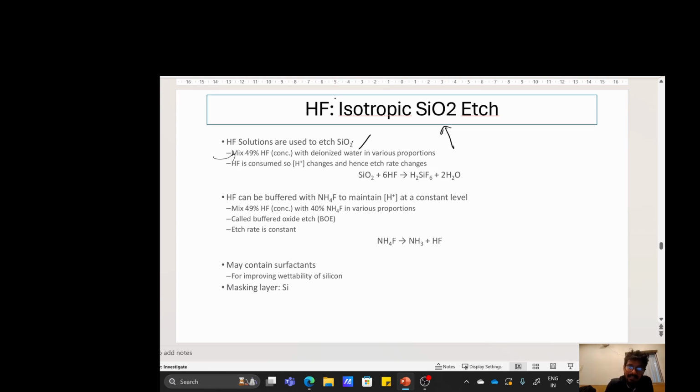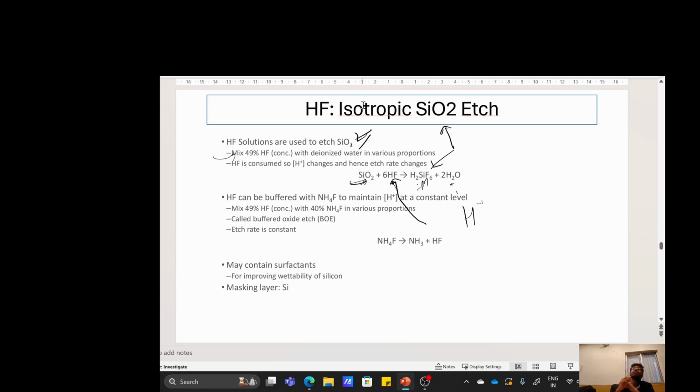How does HF etch? SiO2 reacts with HF and is converted into H2SiF6. This H2SiF6 dissolves in water, and that is how it gets removed. During the SiO2 etching, the HF is consumed, the H ions, so there is a change in concentration.